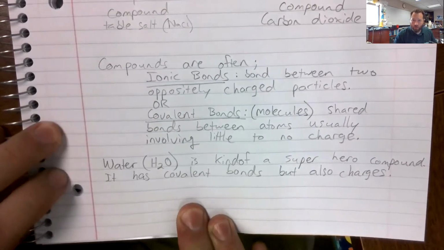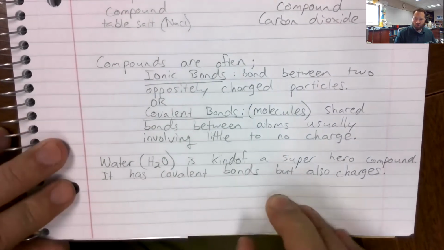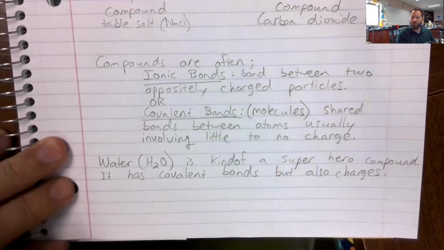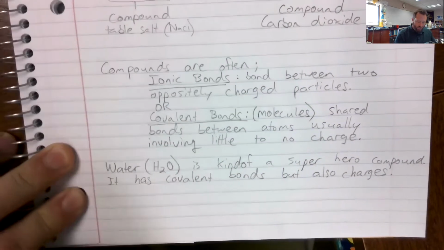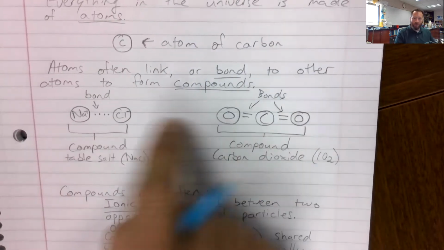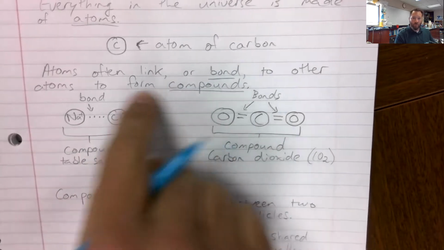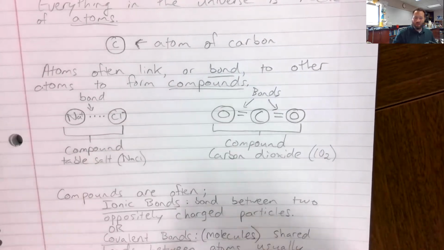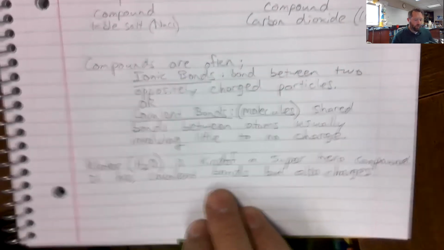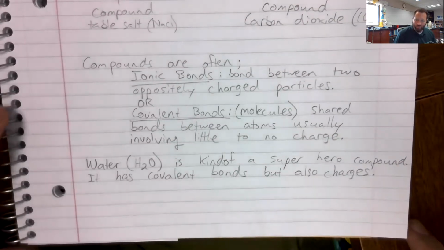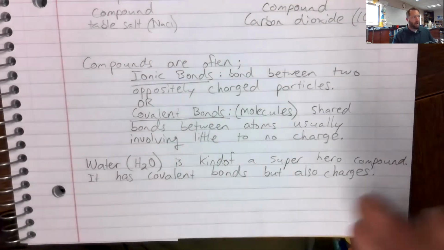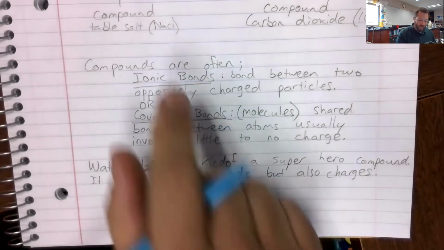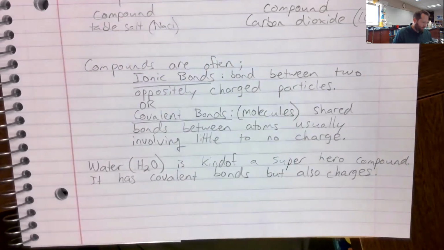It has covalent bonds holding together the oxygen and the hydrogen, but it also has charges. So it's a little bit of both types of bonds. He's going to fit right in between, and that's why he's such a hero. He's such a unique compound in that he can do both. He can have properties of covalent molecules and of ionic compounds.